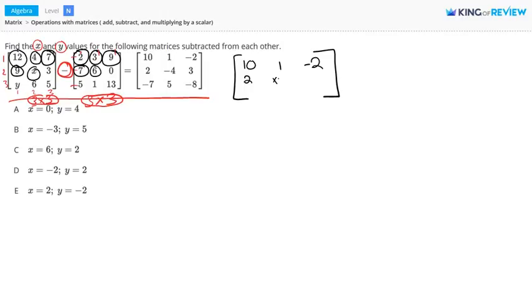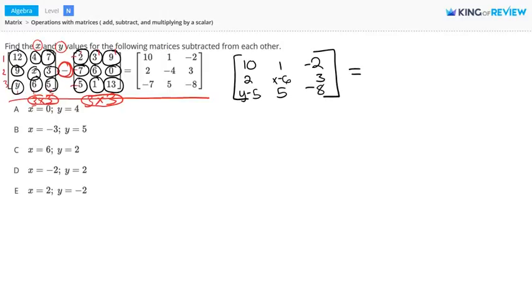This is x minus 6. 3 minus 0. This is 3. y minus 5 is y minus 5. 6 minus 1 is 5. And 5 minus 13 is negative 8.